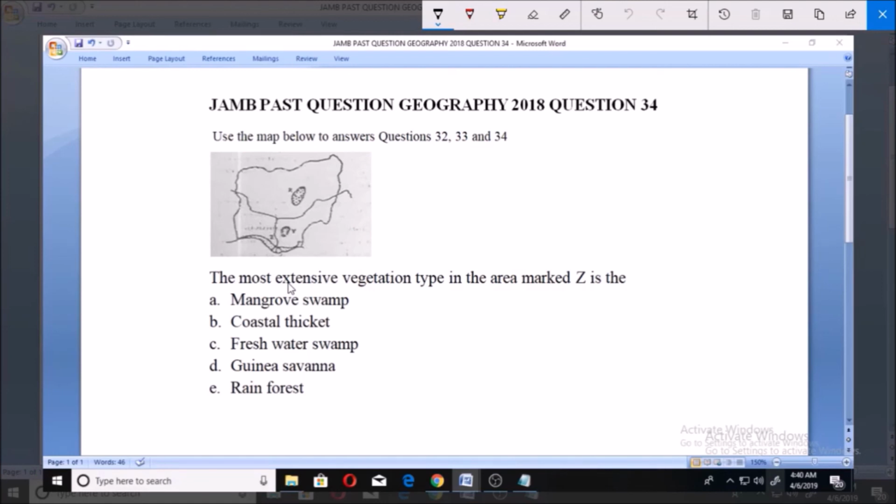Mangrove swamp forest is found north of the Atlantic Ocean. The mangrove swamp forest covers the delta. So this area is delta, and that is what mangrove swamp covers. The delta creeks, very very important. The delta creeks in the Delta State and the tidal waters of the coastal areas, that is where we have the mangrove swamp.